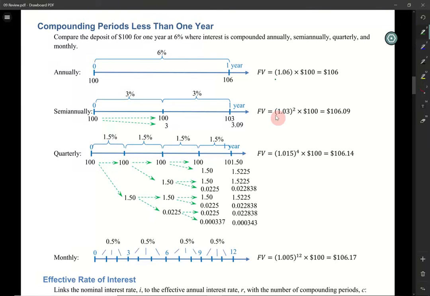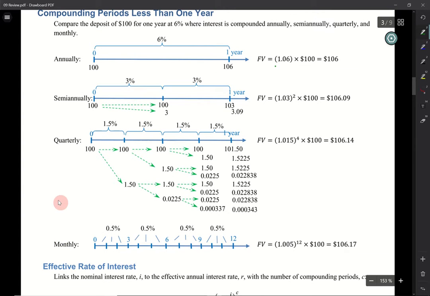And so now, when we do compounding periods of less than 1 year, because a lot of business problems involve compounding semi-annually, quarterly, or monthly, how does that change the factors? As we mentioned before, when do you receive the 6%? You receive it at the end of 12 months, at the end of the year. If you're doing semi-annual compounding, then you award interest after 6 months, after half of the year.